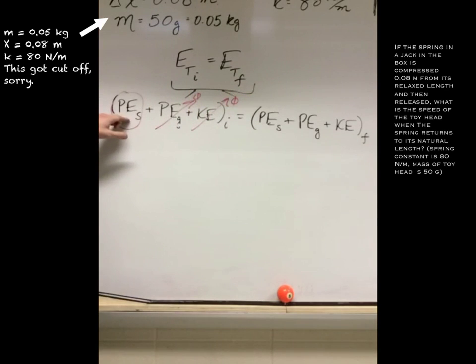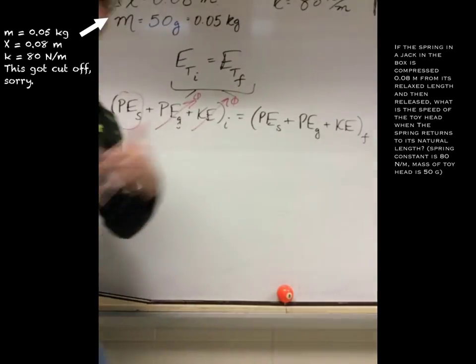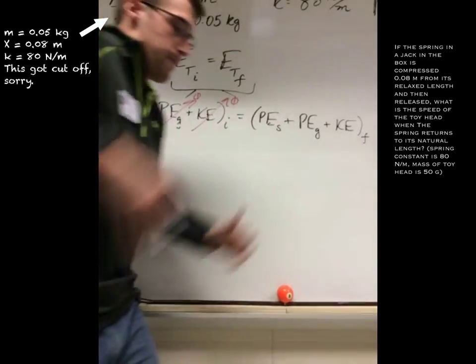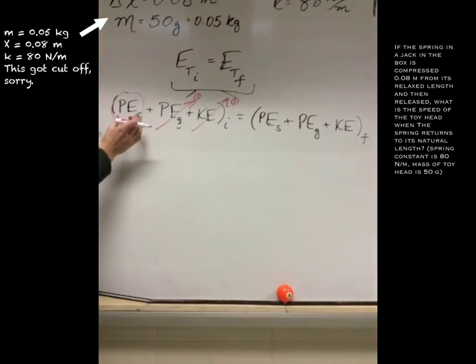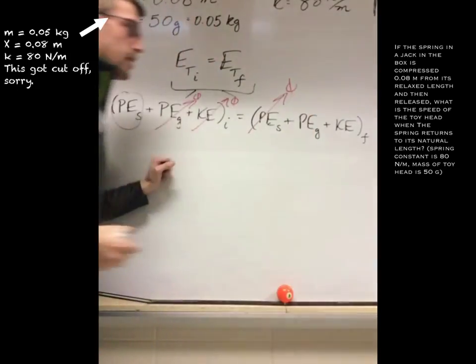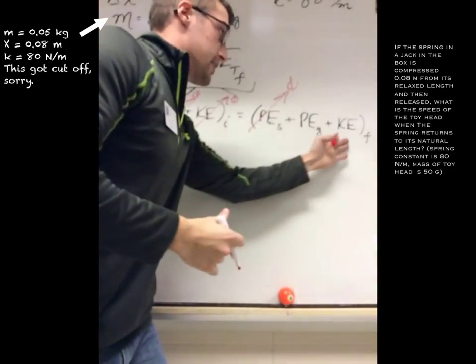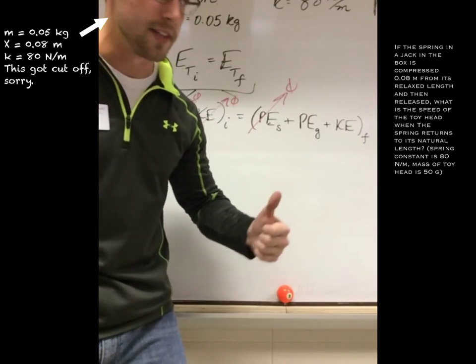So all we have on our left side in this problem is elastic potential energy. Now on the right side, or after the event, the jack-in-the-box guy is released. So that stored energy in the spring is gone now, but that energy has been converted into kinetic energy, which we automatically know because I'm asking you to find velocity.